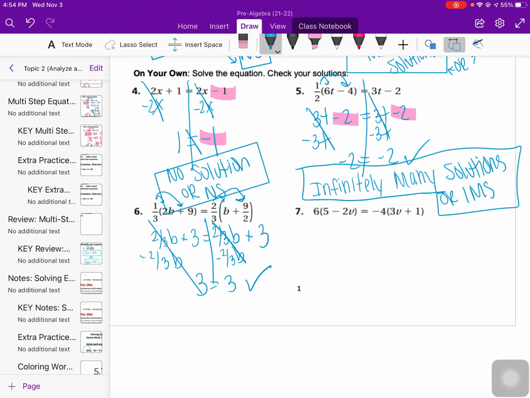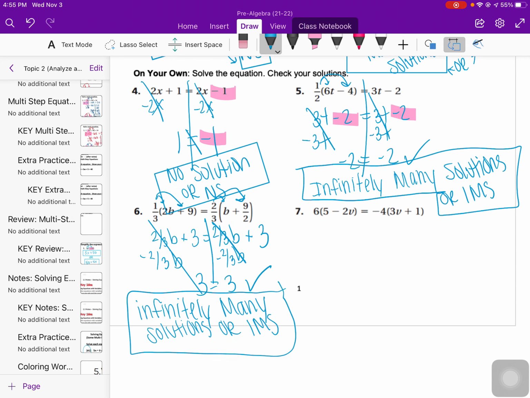And that's a true statement, so therefore that is infinitely many, or IMS. Don't care how you write your answer.